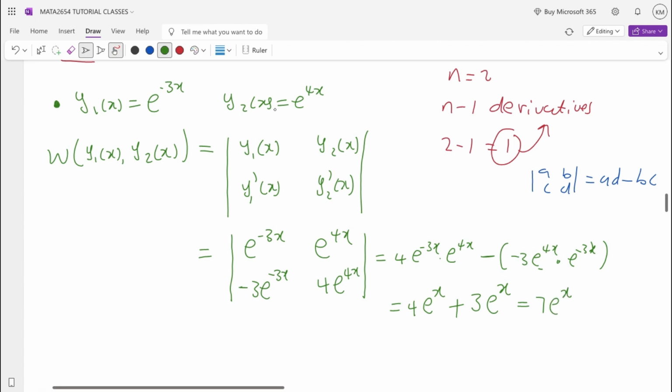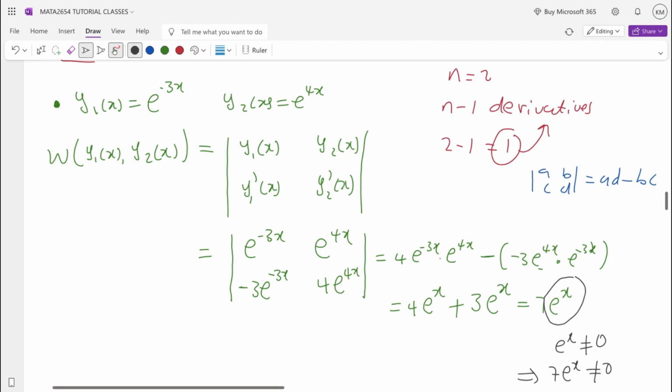So what can we say about this now? Notice that this function, for all values of x, will never be 0. There is no value of x that you can plug in to make e to the x equal to 0. So if e to the x will never be equal to 0, it implies 7e to the x will also not be equal to 0.